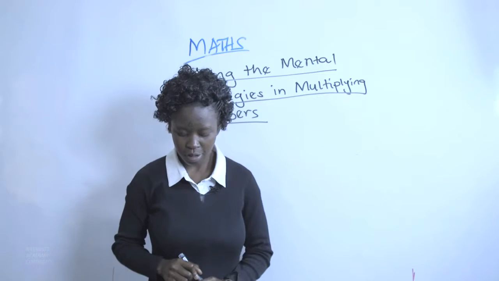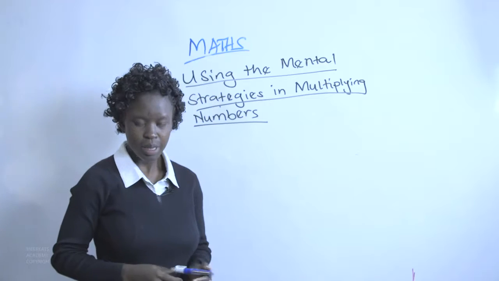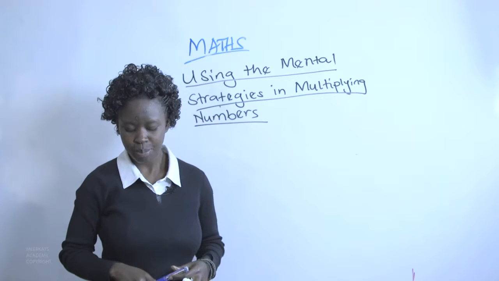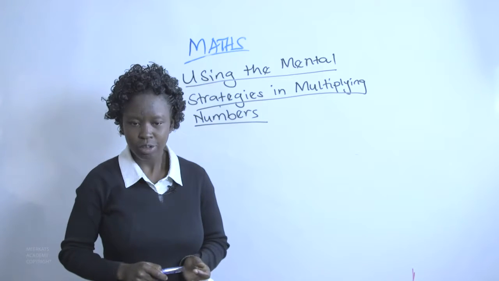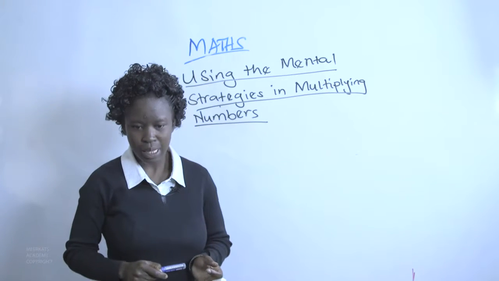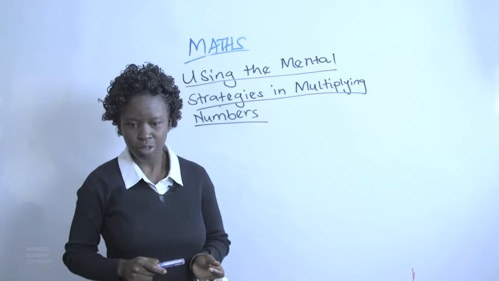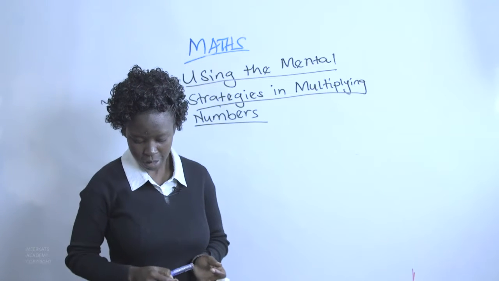The first strategy we have is simply finding the product of two numbers by using the multiplication tables that we have.